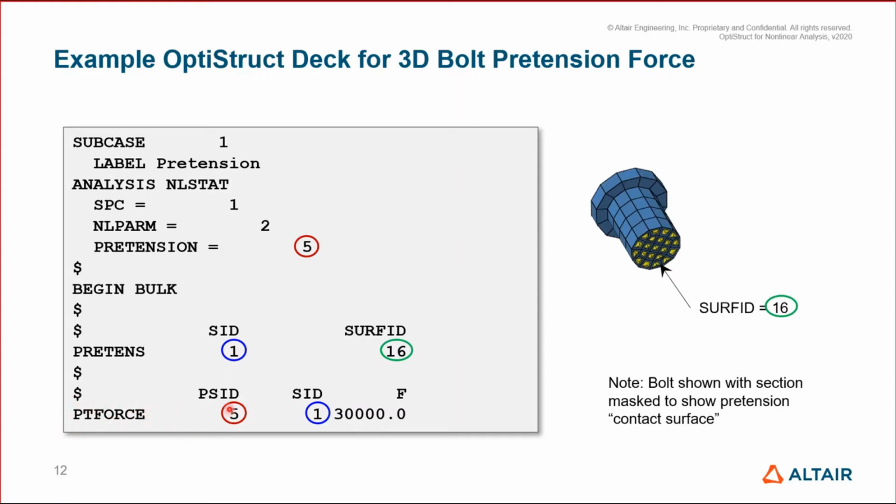Here we're applying PTFORCE, so we need to make sure that these two SIDs, the set ID here, are the same. Then this pretensioning is referred to by the pretension at the subcase level, in the subcase or load step. Later on, we'll see that we need to define that pretension.